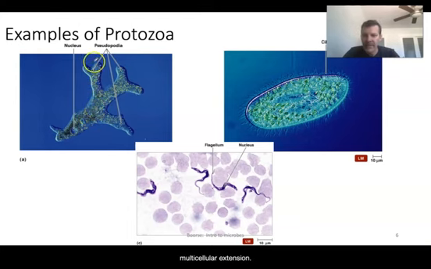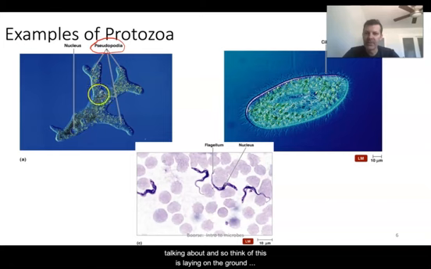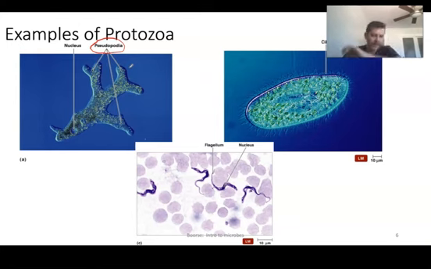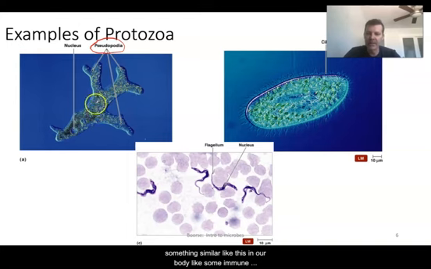And these cellular extensions are the structure called pseudopodia that we were talking about. Think of this as lying on the ground, reaching out your arms, and then pulling yourself forward. These cells use pseudopodia to move. We have cells that do something similar in our body, like some immune cells that move through this amoeboid movement. Also a single cell.